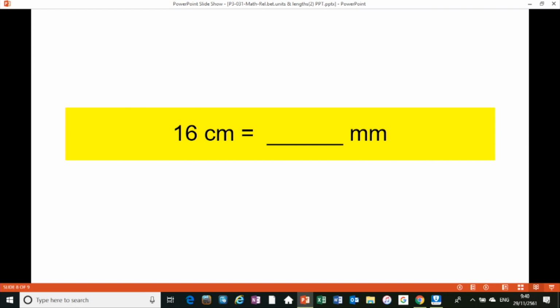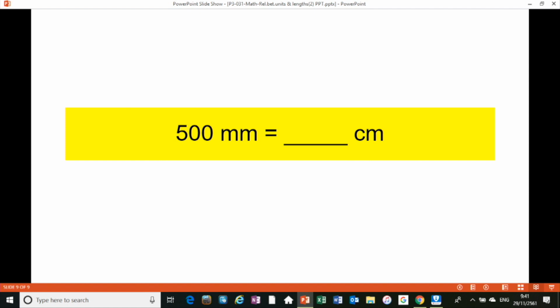How about 20 centimeters? How many millimeters? 200. You see, it's 20 times 10. We can do the equation based on the units of length.